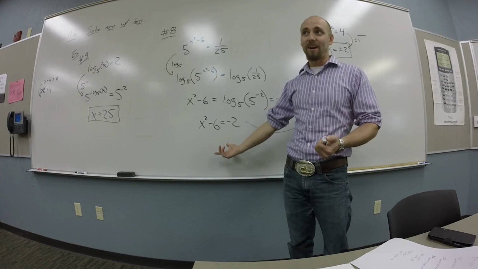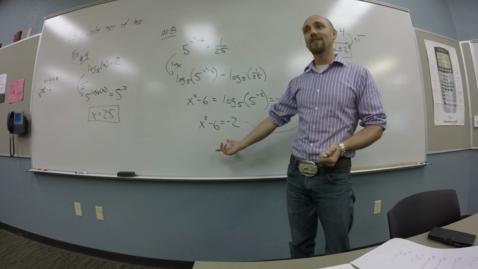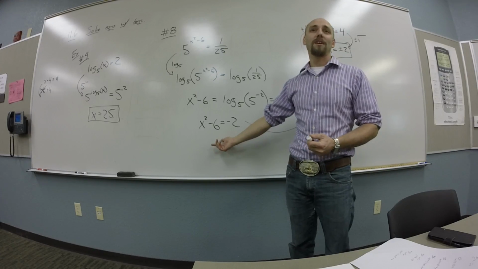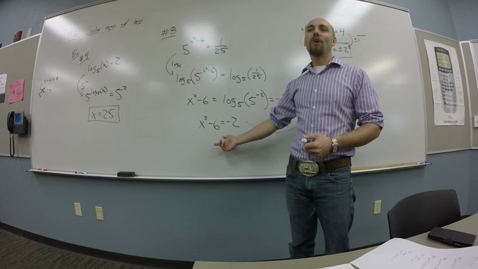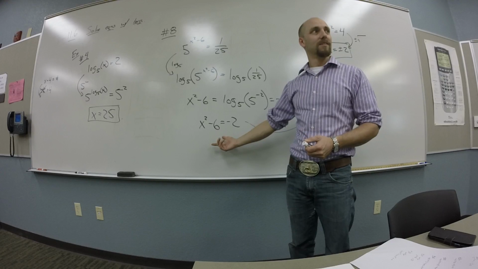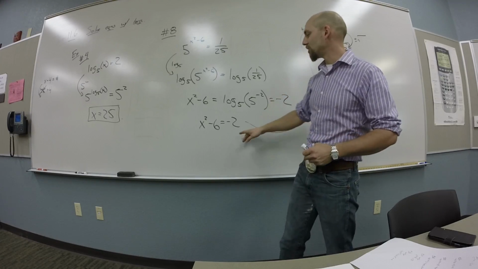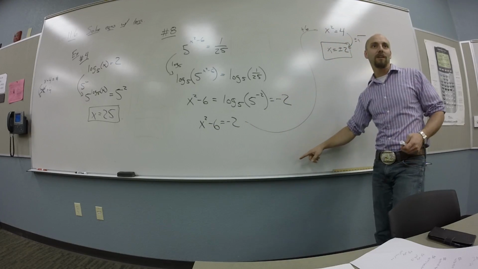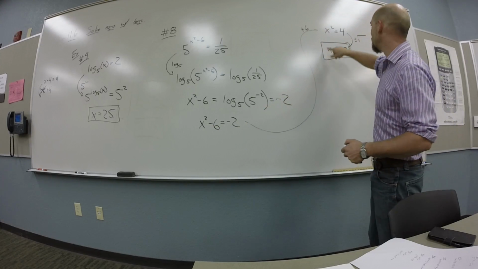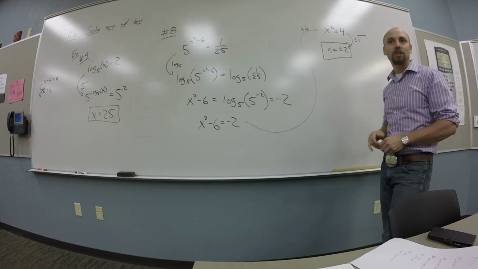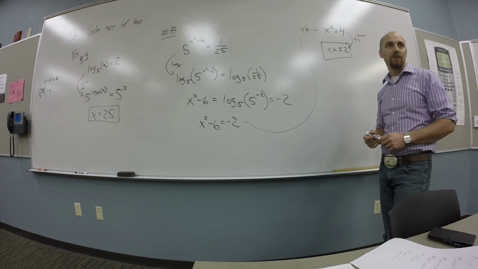So I could factor there. Or I could try to use the quadratic formula. The quadratic formula is major overkill for that thing. Or I could complete the square, which is also major overkill for that thing. So I would say good options are either add 2 to both sides and do a difference of squares factoring, or just add 6 to both sides and then apply a plus or minus square root. That's just extraction of roots.